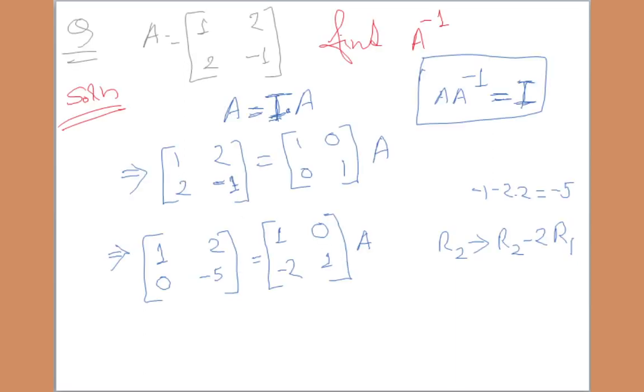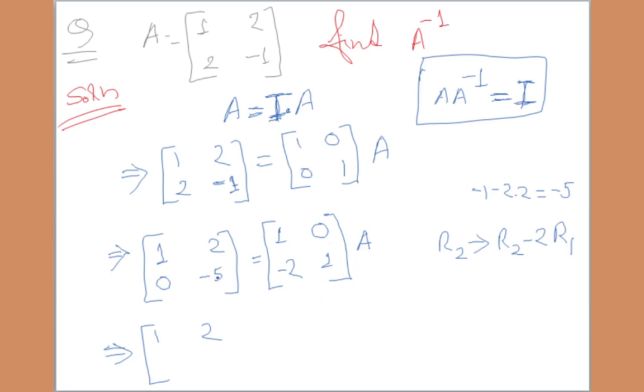So how can we make it? If we divide this row by minus 5, it becomes 1. A similar operation we have to apply here.